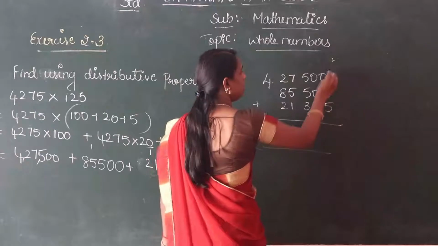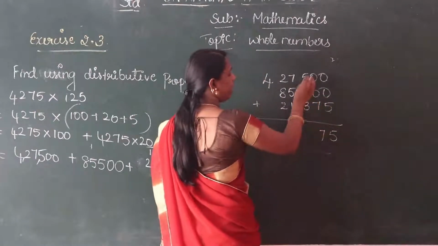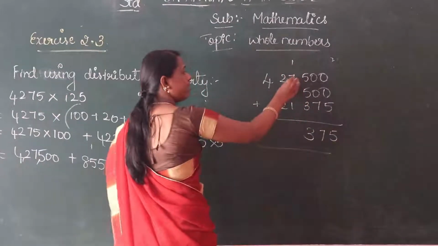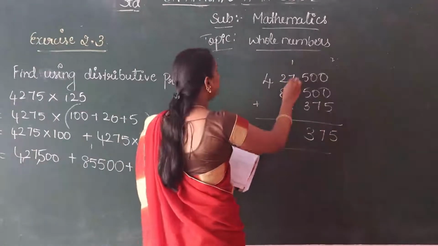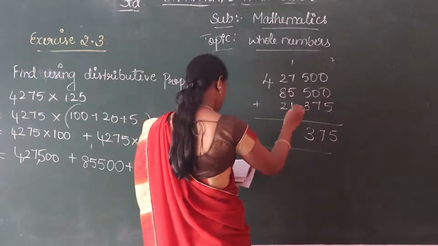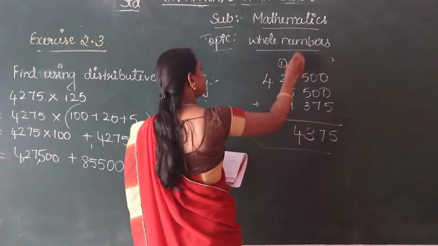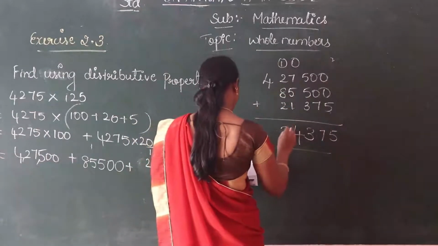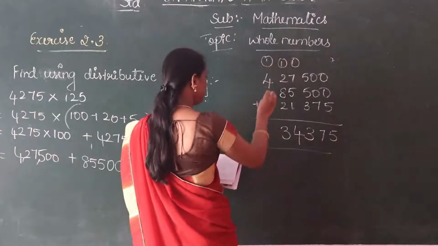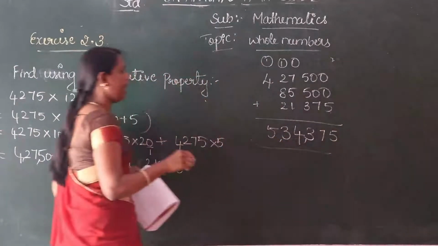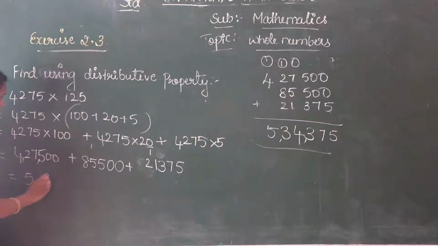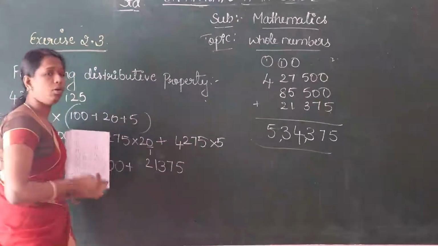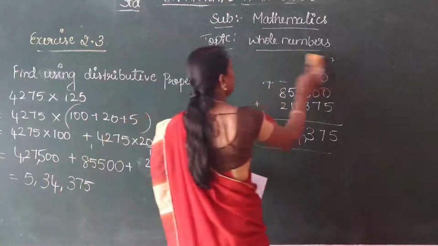Adding these numbers: 5; 7; 5 plus 5, 10, 10 plus 3, 13, 1 carry; 1 plus 7, 8; 8 plus 5, 13, 13 plus 1, 14, 1 carry; 1 plus 2, 3, 3 plus 8, 11, 11 plus 2, 13, again 1 carry, 1 plus 4, 5. The answer is 534,375.